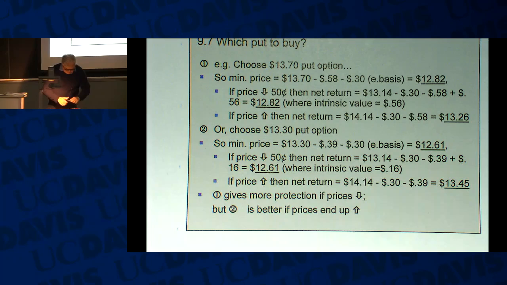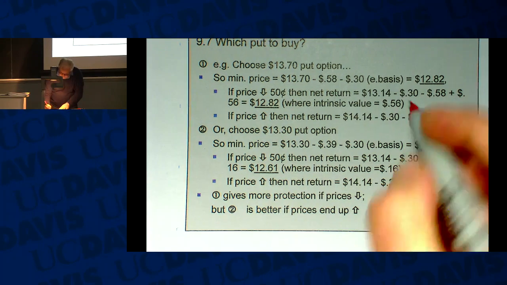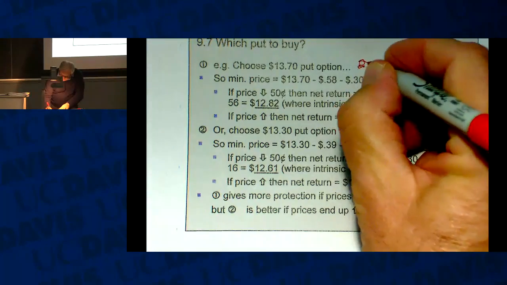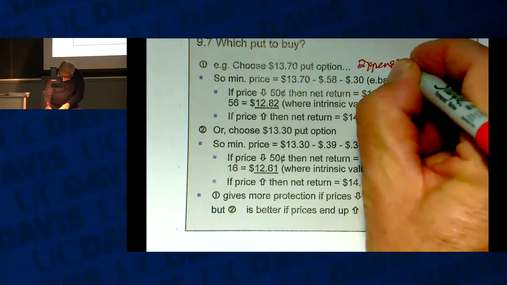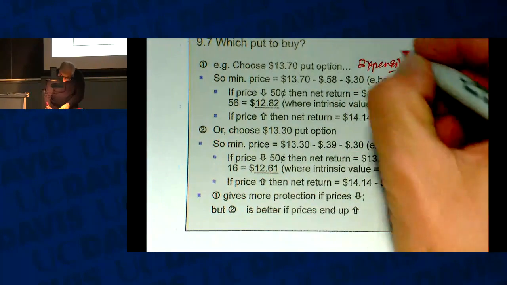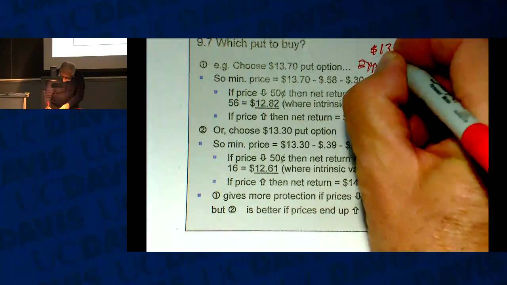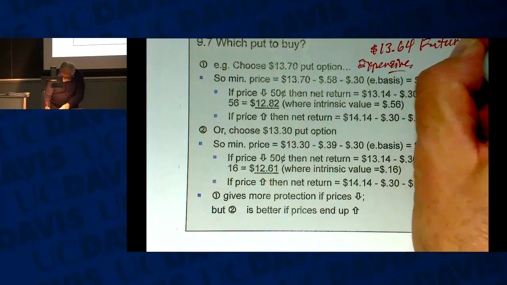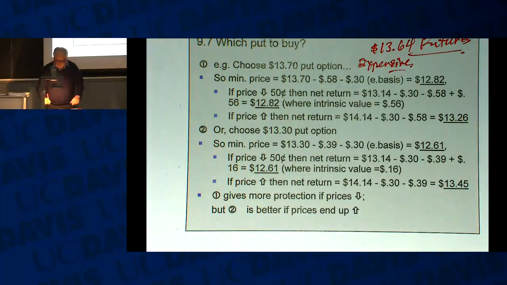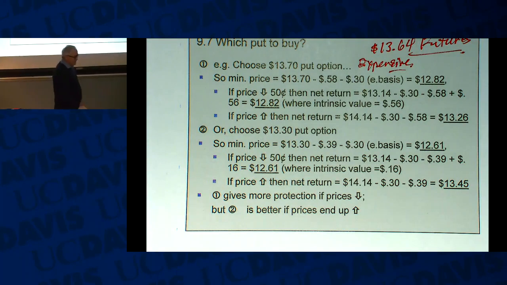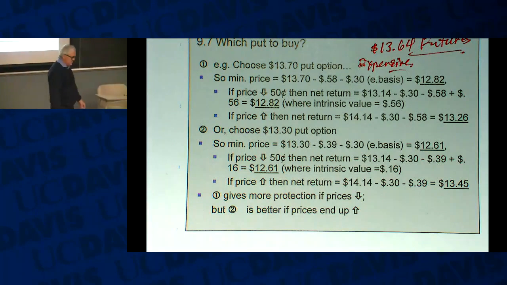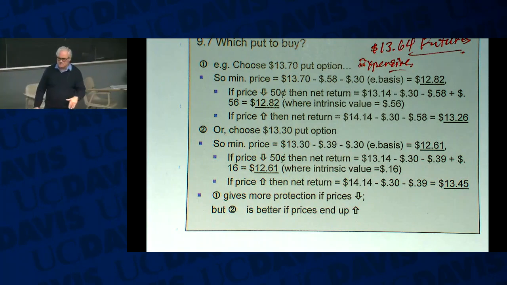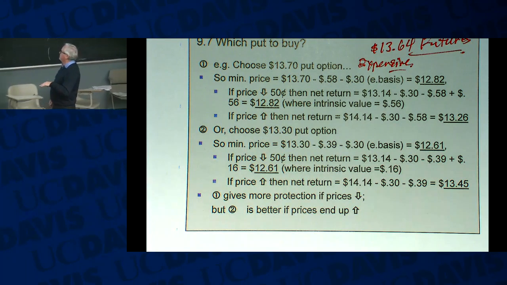That was the 58-cent one. So this is expensive. And remember that futures are trading at $13.64. So let's consider what happens with the expensive option if prices fall or if prices rise.